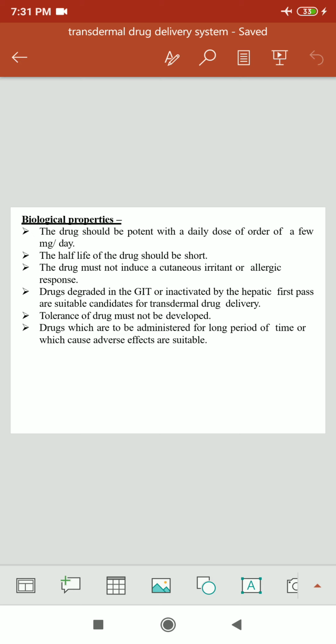Drugs that degrade in the GIT or are inactivated by hepatic first pass metabolism are suitable for transdermal delivery. Drugs that are administered for a long period of time and cause adverse effects are suitable.